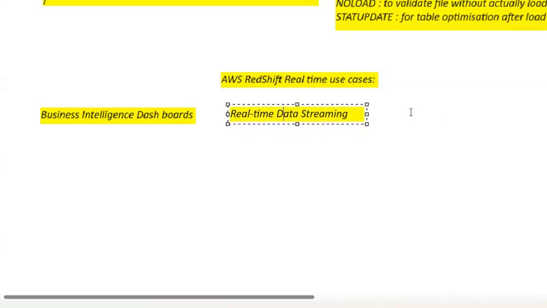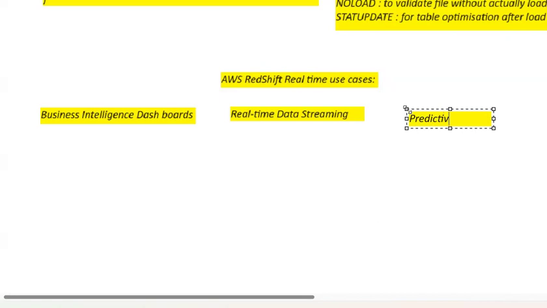For predictive analysis also you can use this. So these are the major cases where you can use this Redshift. There are also multiple options available for us, but among those, these are the main cases where we can use Redshift.